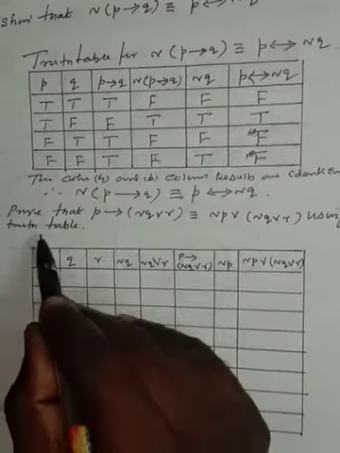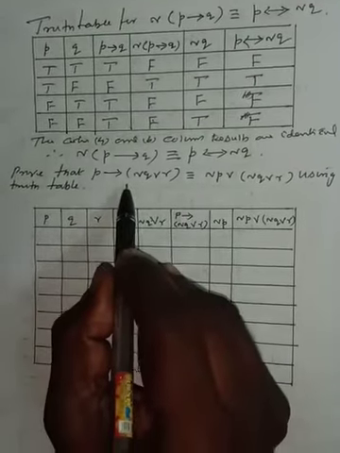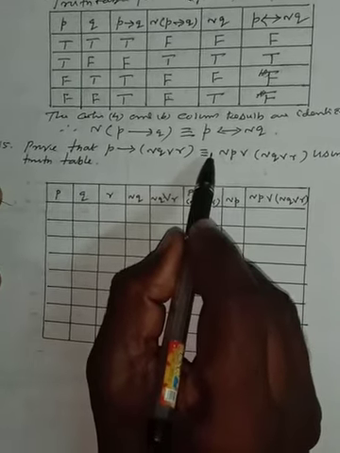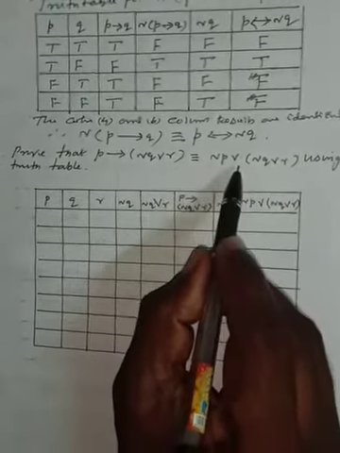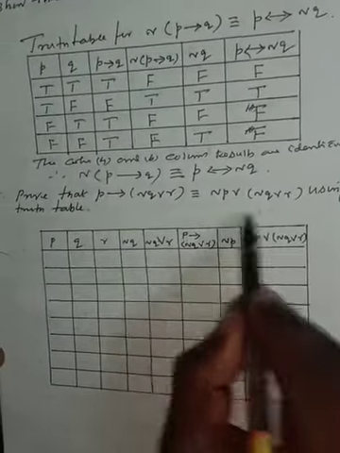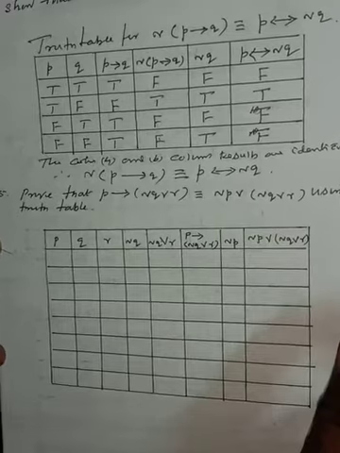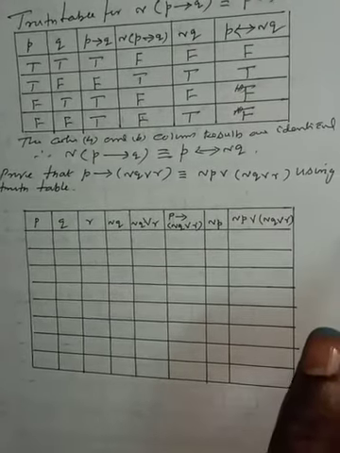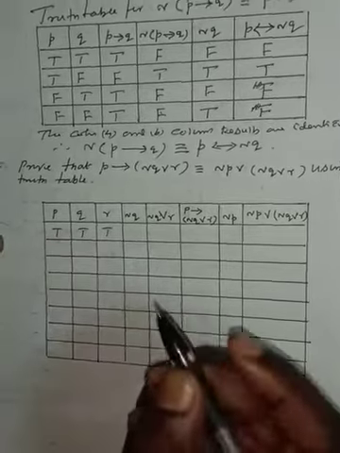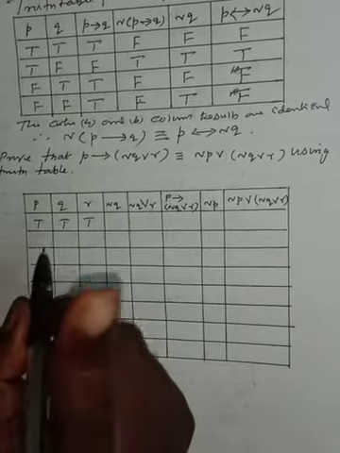Next, prove that P implies negation of Q or R is equivalent to negation of P or negation of Q or R. There are three postulates. One is P, next one is Q, next one is R. So T, T, T. Next one F, one false.